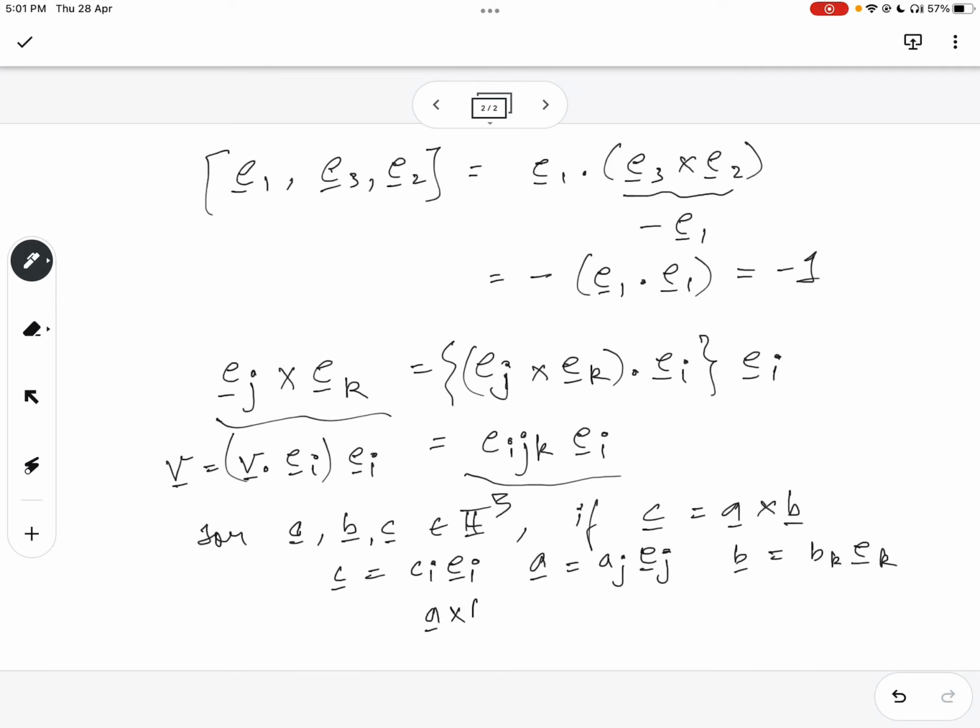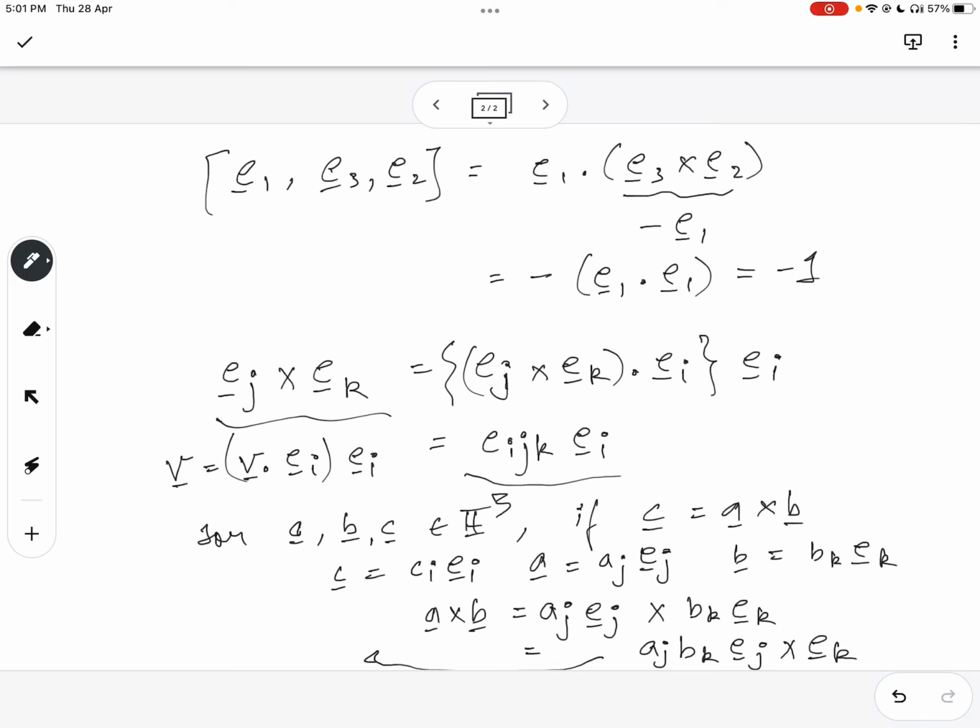So A cross B is Aj Ej cross Bk Ek. That means Aj Bk Ej cross Ek.